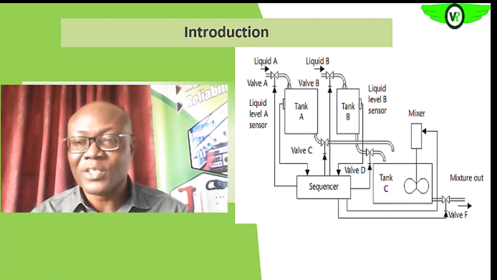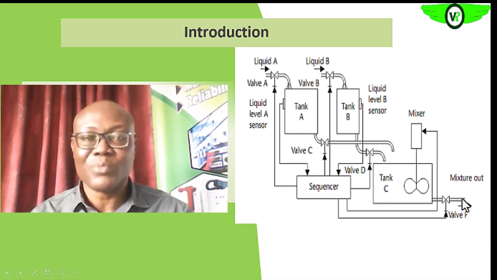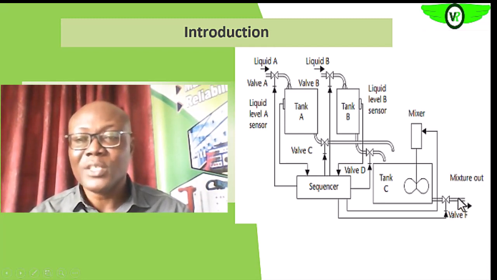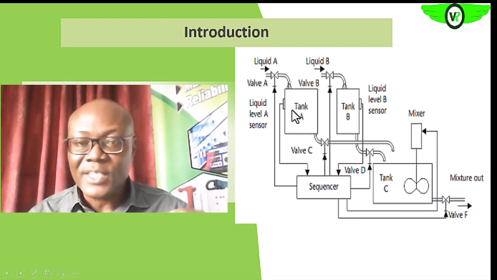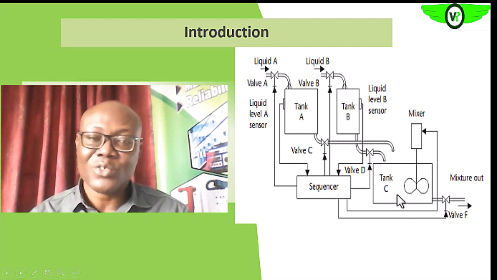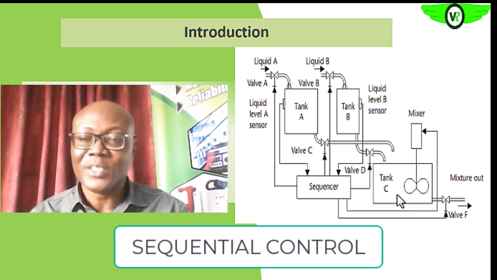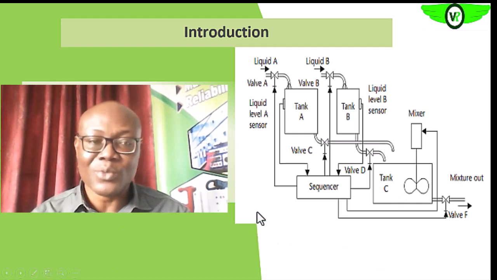At the end of it, we can now have our mixture out, that is the product from this step. So what this means is that if this step is not complete, or this step is not complete, we cannot come to this step. So it is a sequential control system. A and B must be complete before we can move to C.